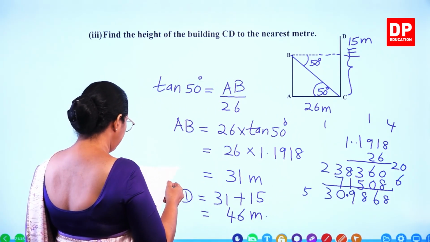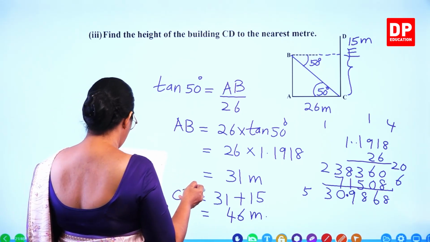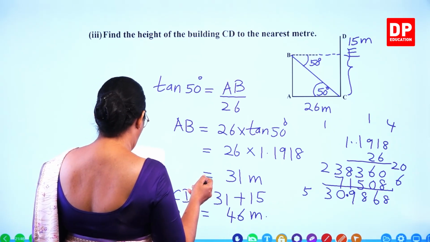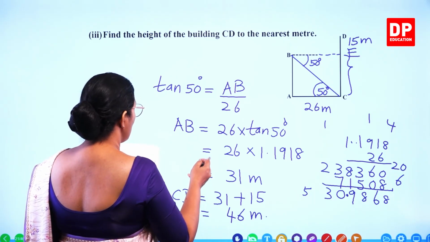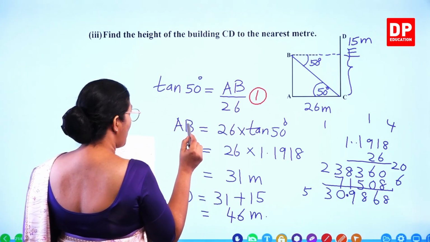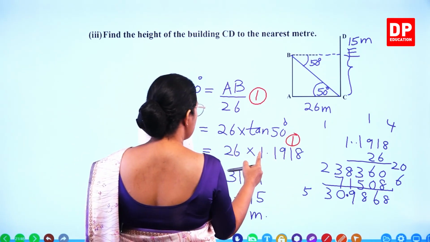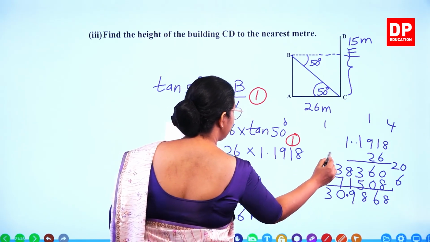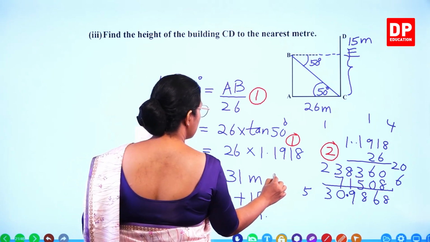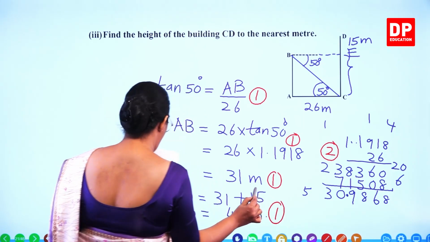So you are getting this part 5 marks. So 1 mark for taking the proper ratio and 1 mark for finding the table value, and multiply this by this, you get 2 marks here, and rounding 1 mark, and for the final answer 1 mark.